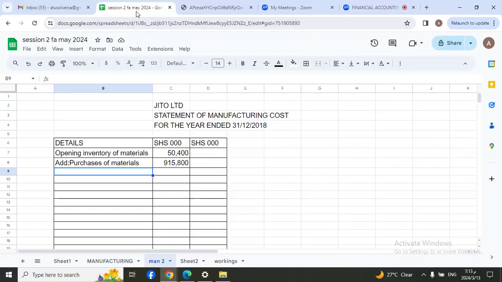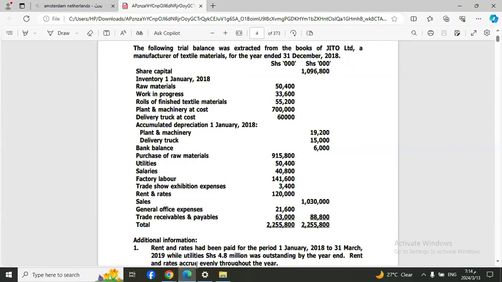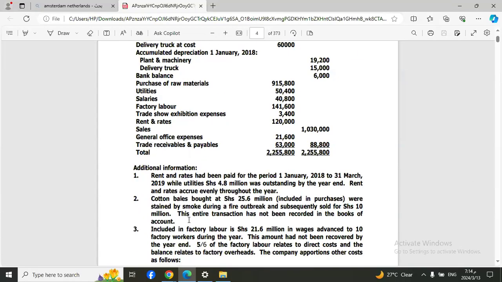Okay. So we come to our question. When you come to your question, we had reached purchases. So you see we have utilities, salaries, factory labor, trade show exhibition expenses, rent and rates, sales, general office expenses, then trade receivables and payables. So we don't have any returns, but still you need to read the additional information to check if we have returns there. I start with my Roman number 1 under additional information.